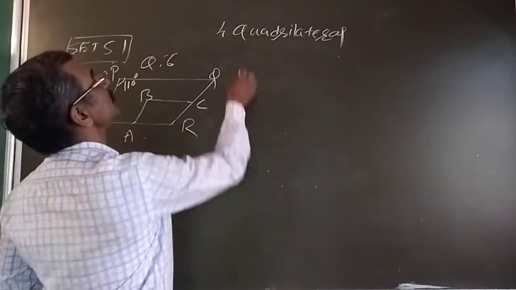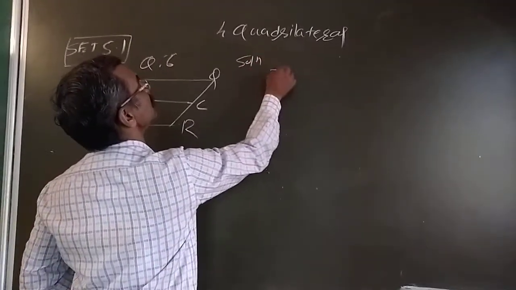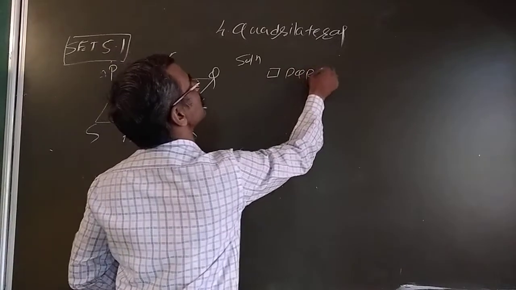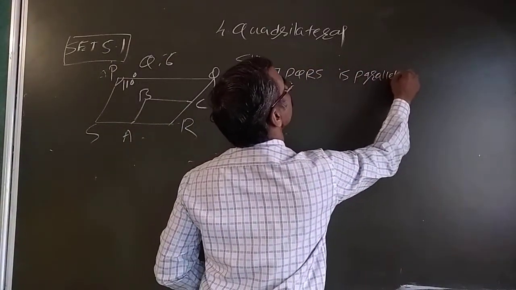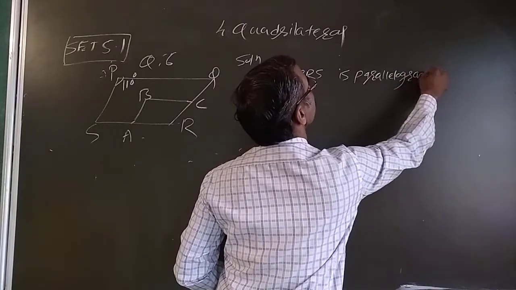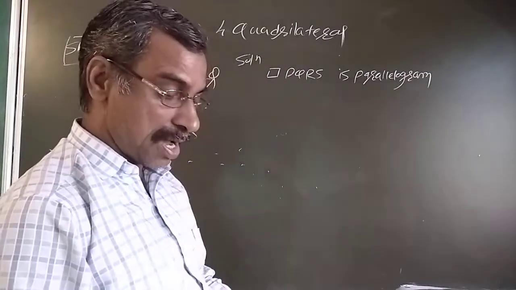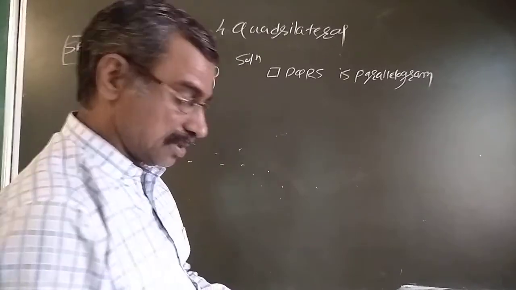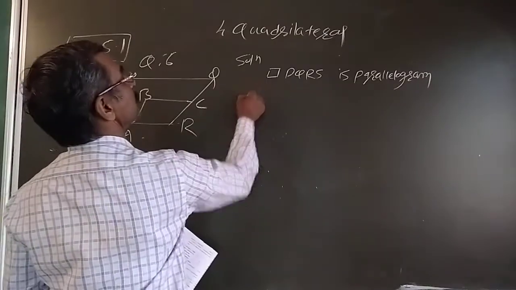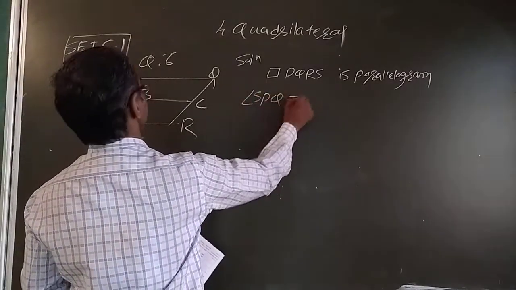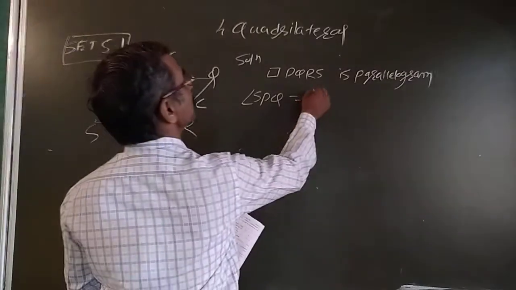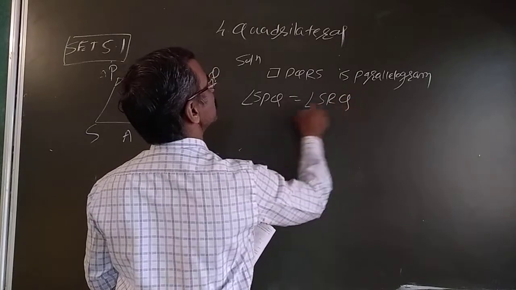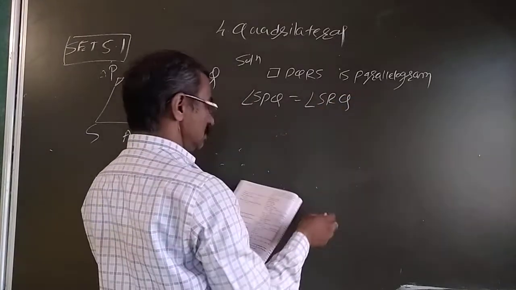Therefore, in the solution, PQRS is a parallelogram. Then, opposite angles of a parallelogram are congruent. Therefore, angle SPQ is congruent with angle SRQ, which means their measures are the same.